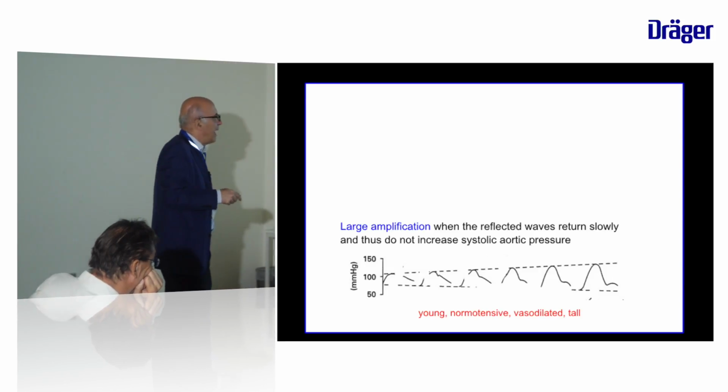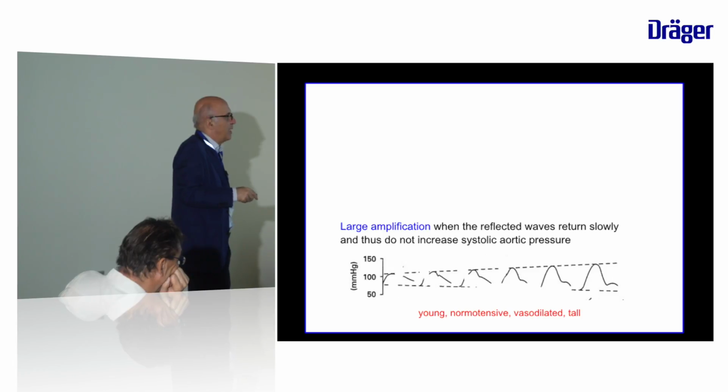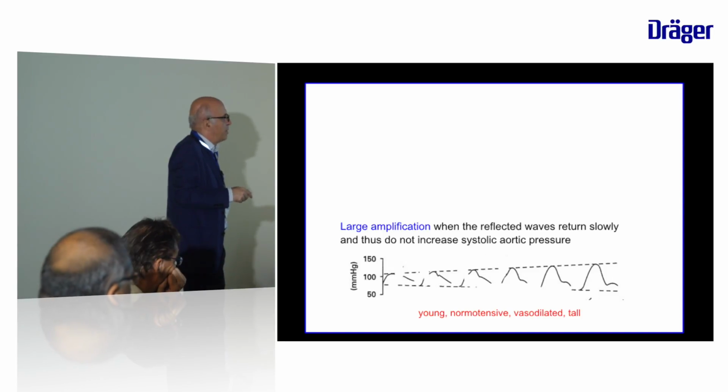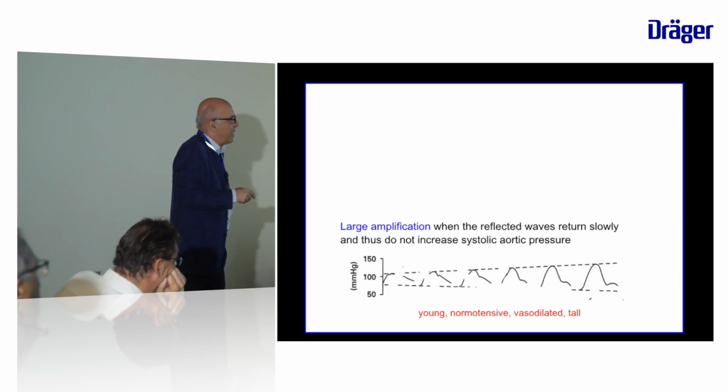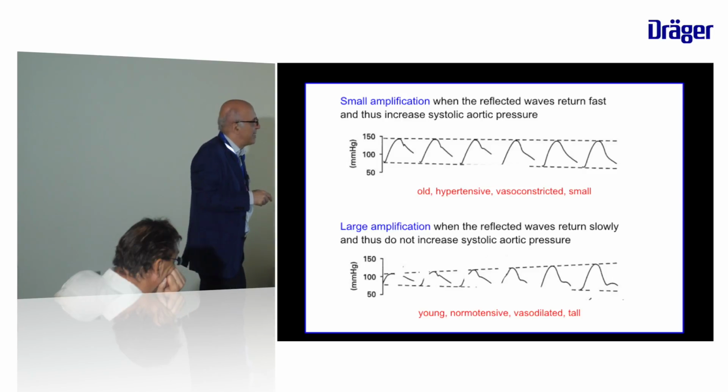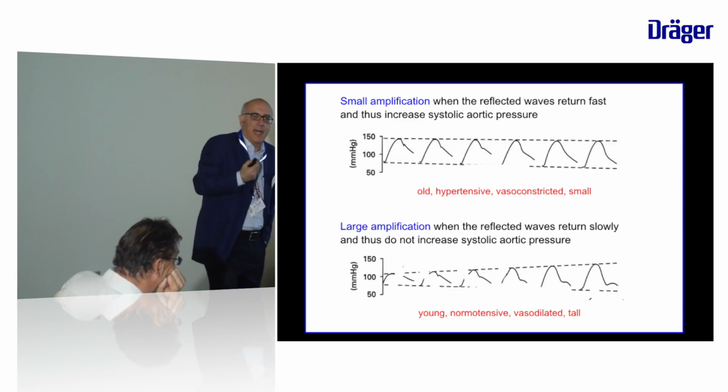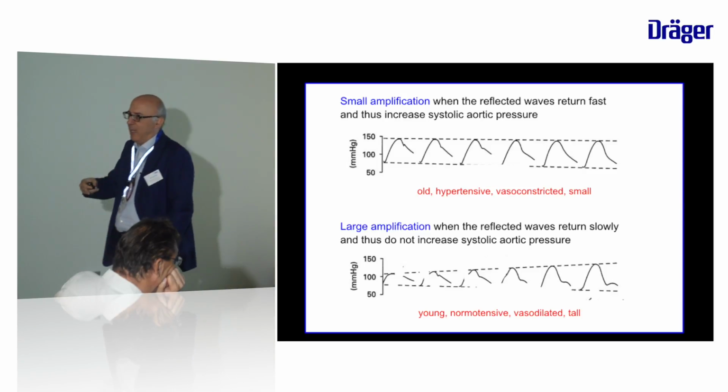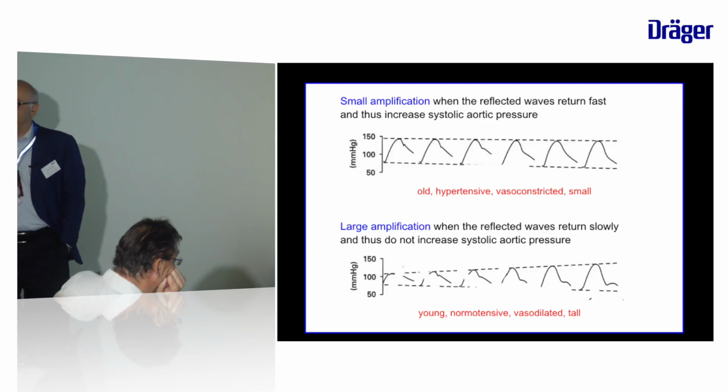If you have an older, hypertensive, vasoconstricted person, you have much less amplification, so the peripheral represents better the arterial pressure in the central.